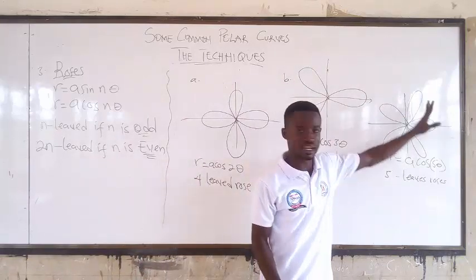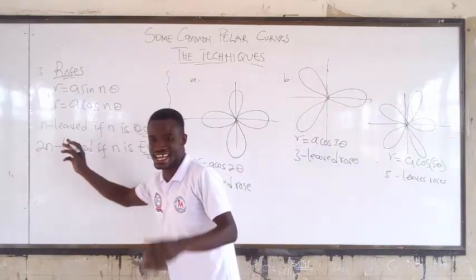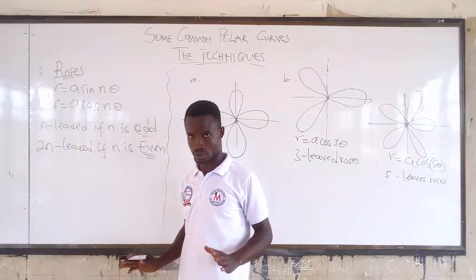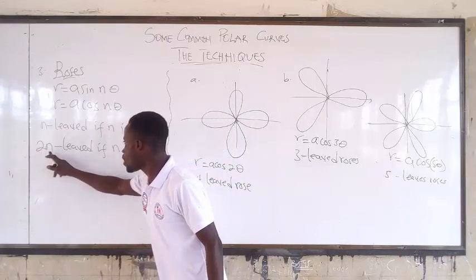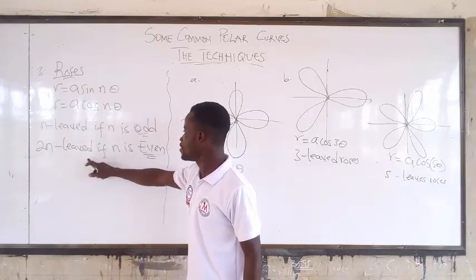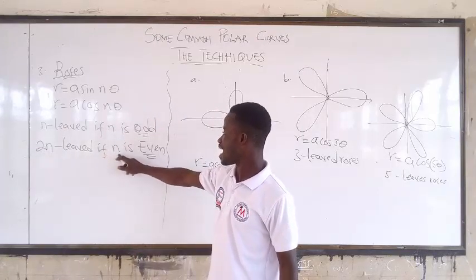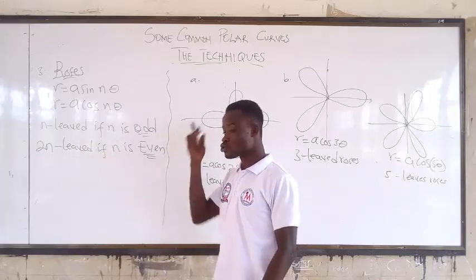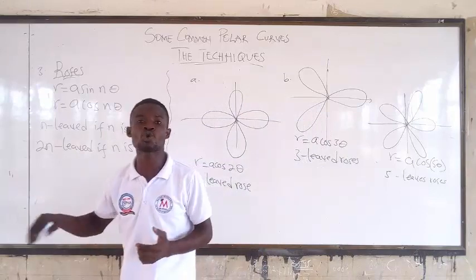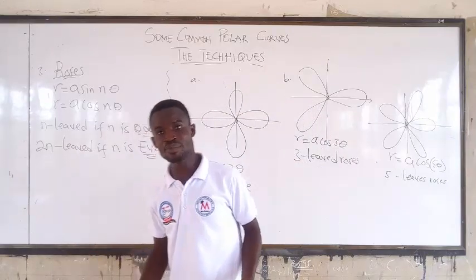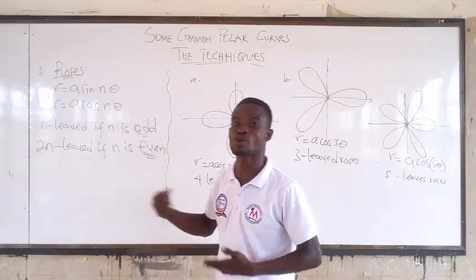So if n is odd, you get n leaves. And 2n leaves if n is even. So if n is even, you are going to get 2n leaves. That means you multiply 2 by the even number.